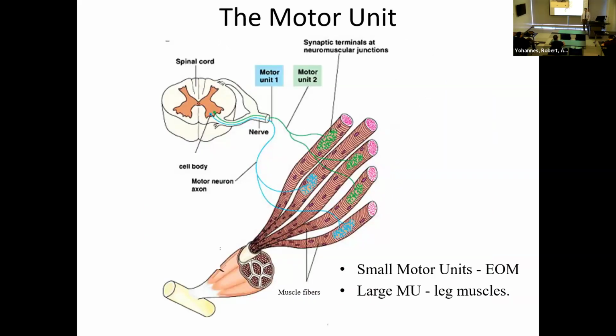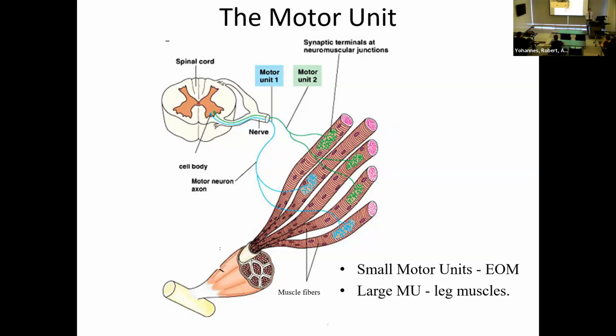Going back to the most basic term that we have to think about, the motor unit. Yesterday we defined it. What's the definition of the motor unit? Muscle fibers that are innervated by one neuron. Exactly. So for those of you on Zoom that didn't hear, Jack said it's all the muscle fibers innervated by one neuron.